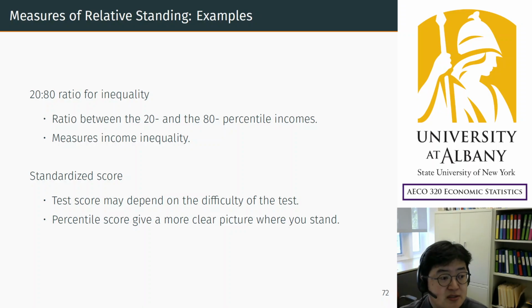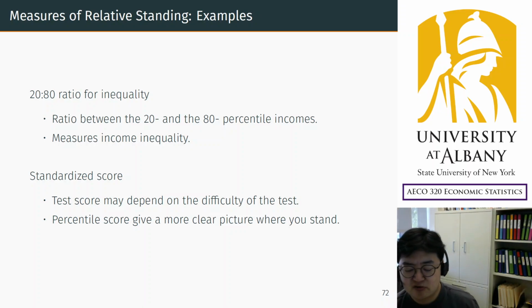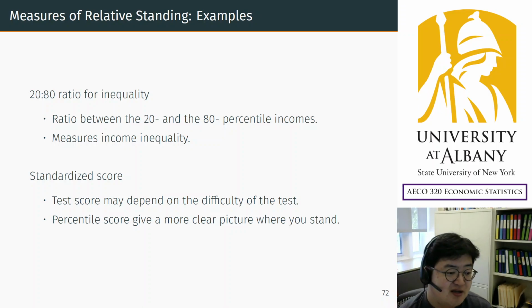Okay. So to wrap up, in chapter 3, we learned measures of location. Most of the chapter was about measures of central location, but later, briefly, we talked about measures of non-central locations, percentiles.